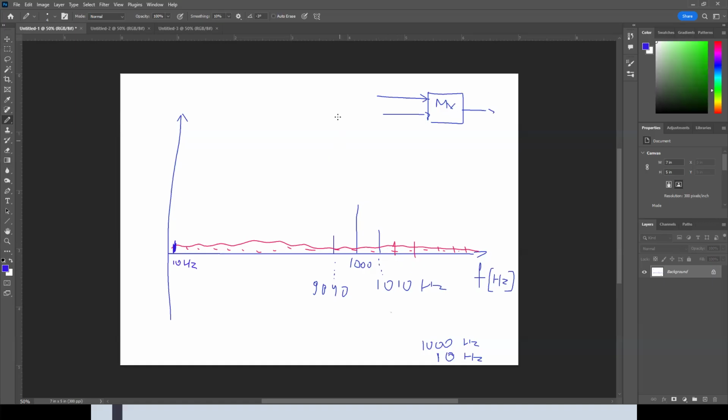Now, if this main carrier frequency, well, I'm getting ahead of myself. The big frequency here, if it's a high frequency sine wave, and the intelligence is also a sine wave. Actually, this one here is going to look a little bit different.